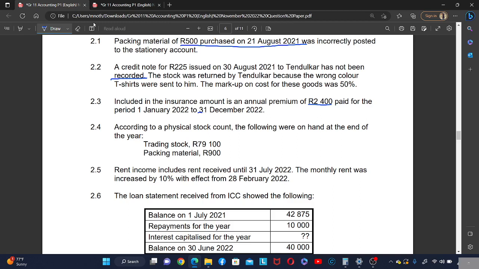But if you can look, 31 December is not in our financial year. So here we pay for the period of the whole 12 months. But some of the months that are here, they don't belong in our financial year because our financial year ends on 30 June 2022.